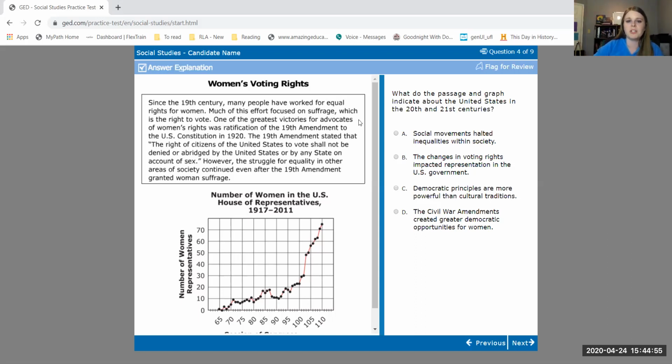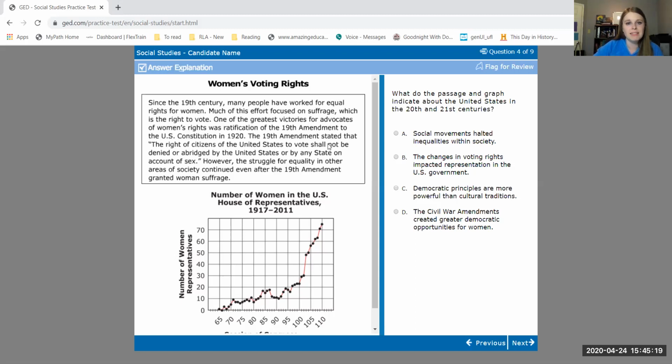So what information can we get from the paragraph and the chart? Well, let's look at the paragraph. Since the 19th century, many people have worked for equal rights for women. Much of this effort focused on suffrage, which is the right to vote. One of the greatest victories for advocates of women's rights was ratification of the 19th Amendment to the U.S. Constitution in 1920.